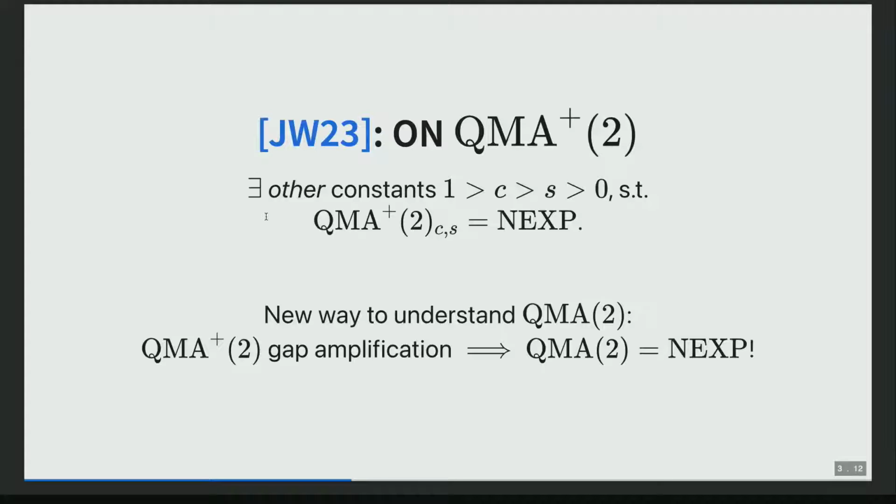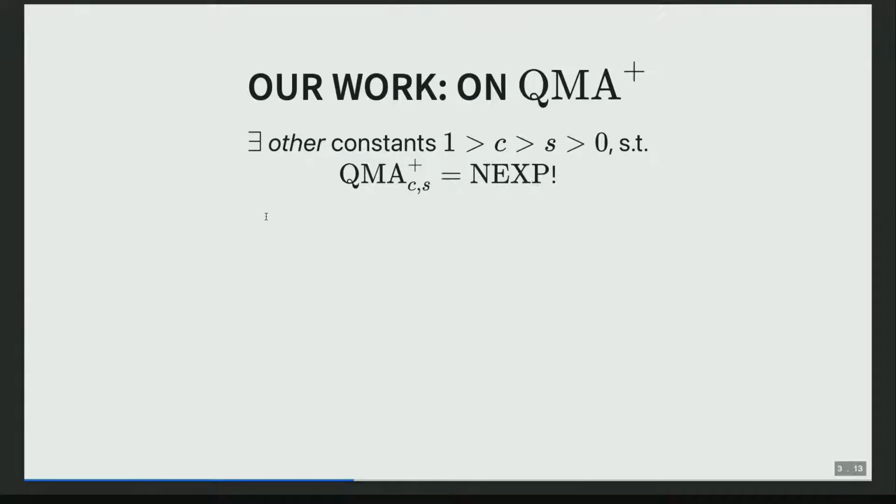So our work that came out last month says something that complicates the picture. In fact, the same thing is true for QMA plus. There are some constants you can choose, C and S, where QMA plus is equal to NEXP. What we do is we take the Jeronimo and Wu proof, we make several modifications, and we show the same thing works even if you only have one copy.